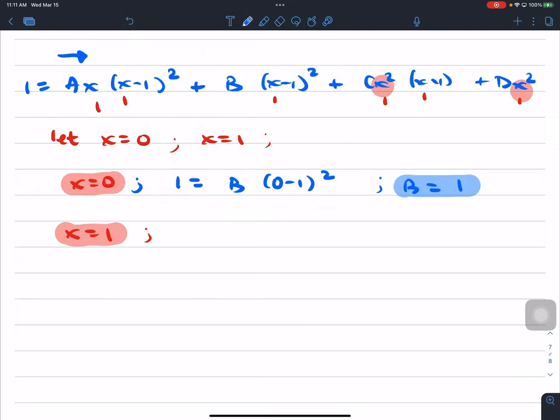All right, we get 1 equals, well, the A term is 0, the B term is 0, the C term is 0. That means D times 1 squared. Well, that just means D is what? 1. You guys okay with that?